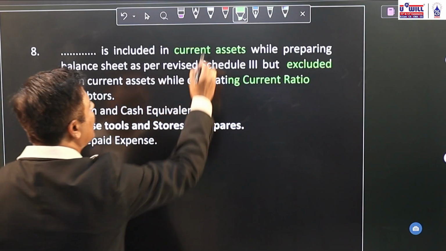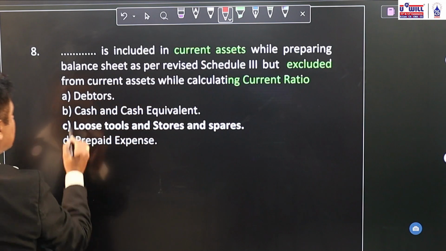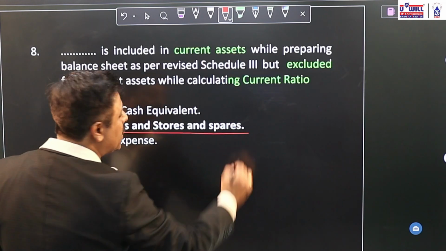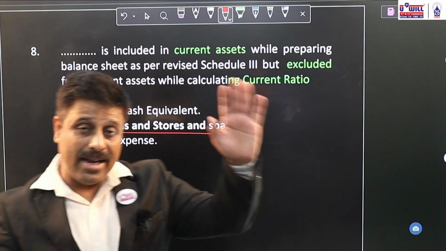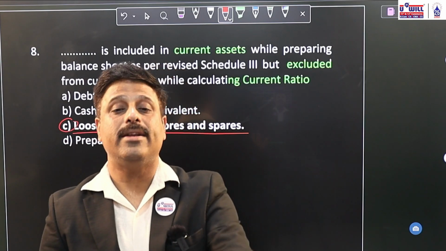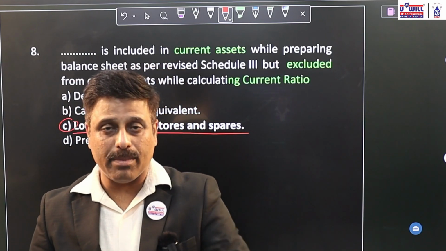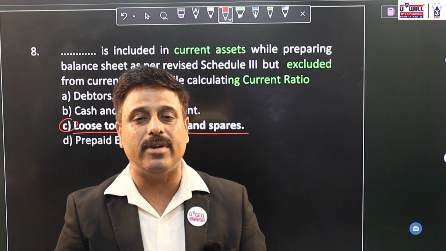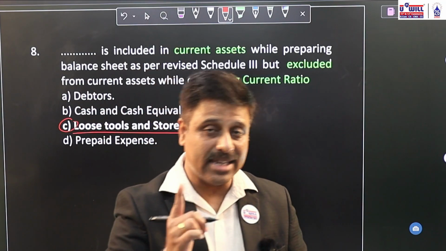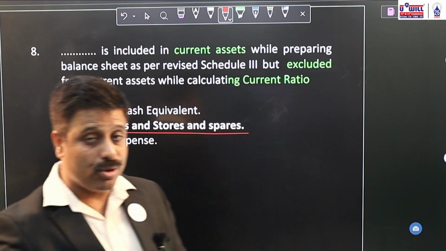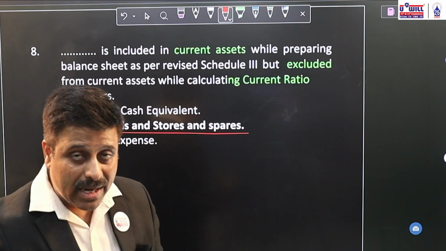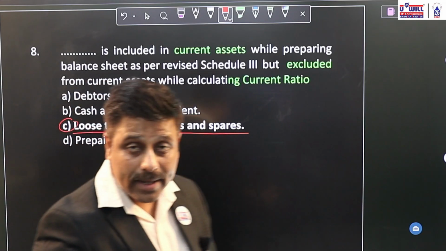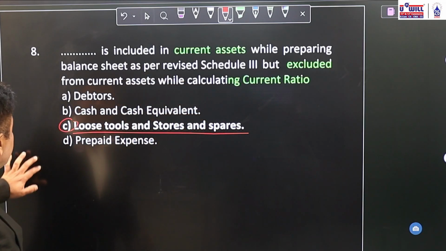Only one such item is there: inventories, loose tools and spare parts. In balance sheet it is included in inventories, in current assets, but because these cannot be converted into cash, you're not going to sell them and convert them into cash, they are excluded in calculating current ratio because they cannot be included in our ability to pay the current liabilities during the year. So option D is the correct answer.